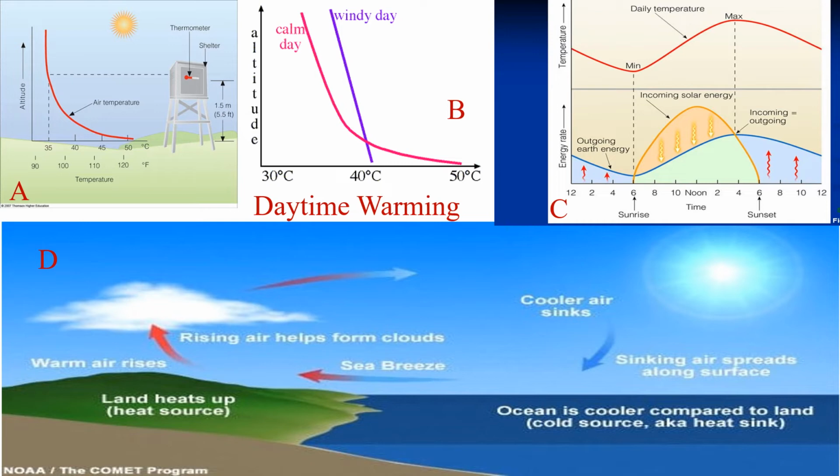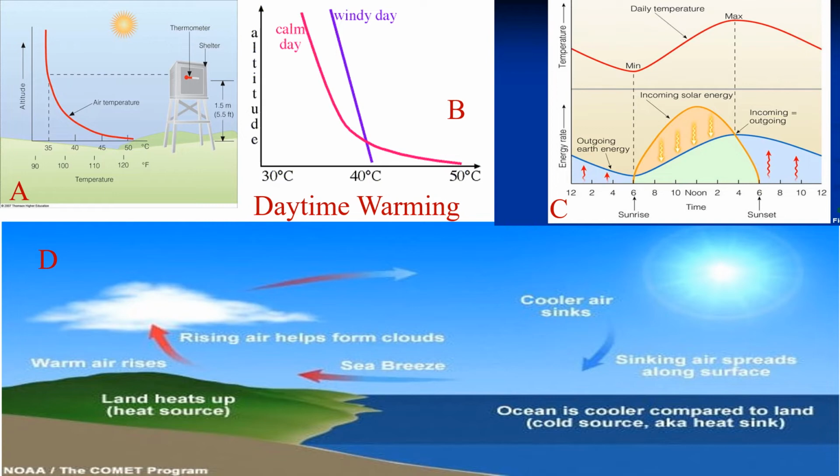Therefore, on a sunny, windy day, the heat near the surface is carried away more quickly than on a sunny, calm day. We can now see why the warmest part of the day is usually in the afternoon.